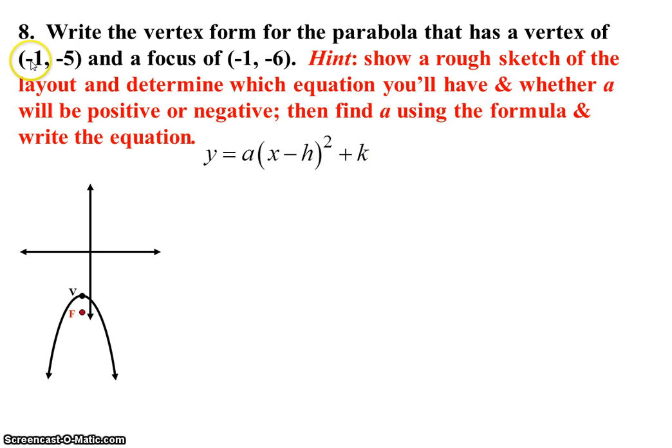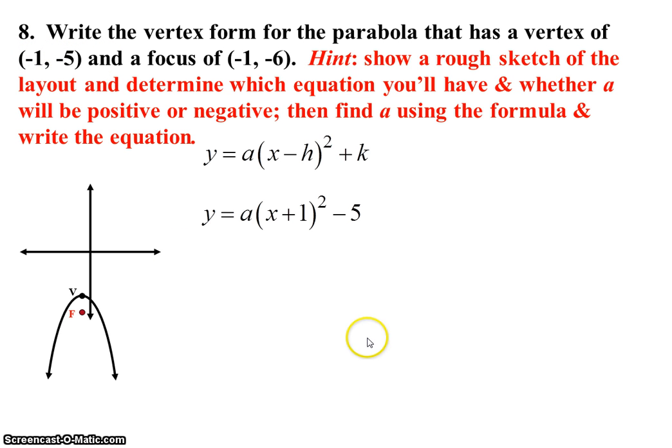If H is -1, minus -1 is going to be x plus 1 inside the quantity that's being squared. And they're telling us K is -5 because that's the y coordinate. Again, because this is a vertical parabola, we know that. So we have y equals some A, which we're going to find in a minute, times the quantity x plus 1 squared minus 5. Again, every vertex, this is H, that's K.